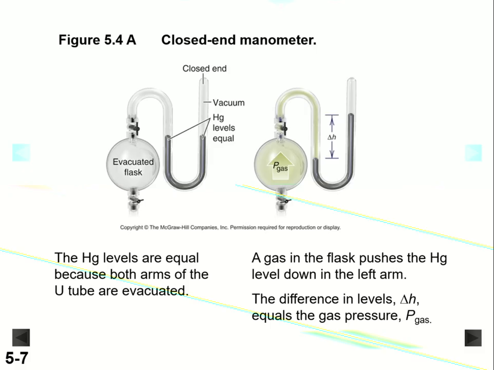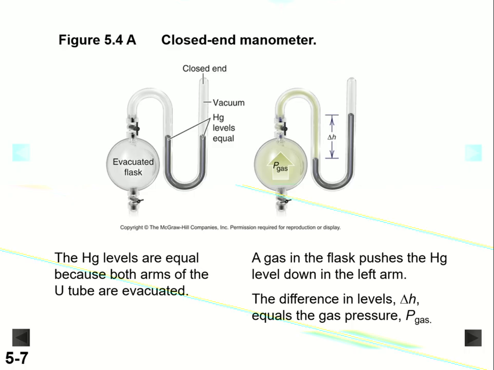If we use a closed-end manometer where both sides are evacuated, then as the gas is released, it will push down on the column of mercury. Then the height differential, delta H, will tell you what pressure you have inside your evacuated flask.